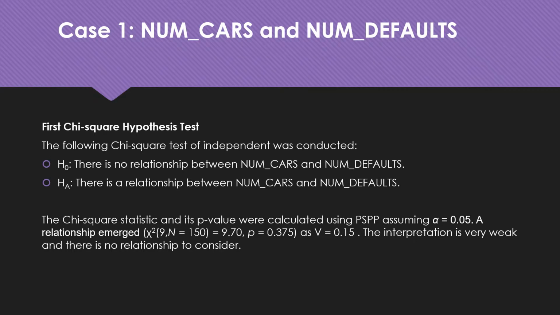The value of N is the total number of cases, which is 150. The chi-square value is 9.70. The p is equal to 0.375, and the Cramer's V value is 0.15. We can say there is a very weak relationship between the number of cars and the number of defaults, and there is no relationship to be considered.